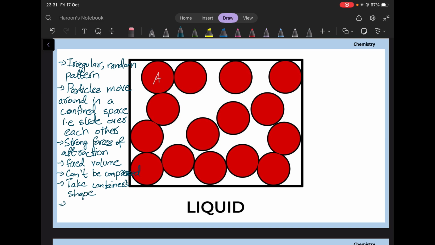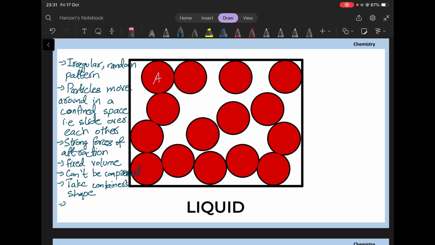Okay, now as far as kinetic energy of particles is concerned, in a solid, the particles could only vibrate about their fixed positions. But over here, these particles, or molecules or atoms that you see, can actually move around in a confined space. They can slide over one another. So kinetic energy is energy related to movement of particles. The greater the movement, the greater the kinetic energy.